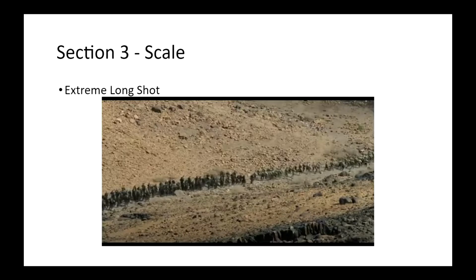For section 3, we have scale. One example of scale being used is this extreme long shot. This is the first battle. These are a bunch of French troops, after the Algerian troops pretty much gave up a lot of lives to rush up that hill and get rid of all the danger.